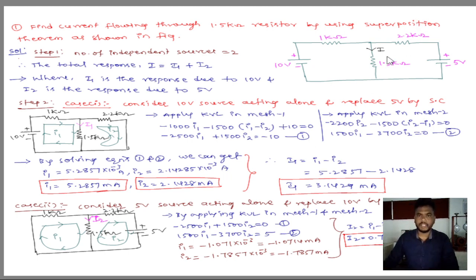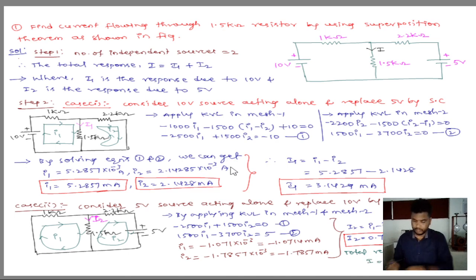Then the total response I is equal to the algebraic sum of I1 plus I2. Therefore, the total response I is equal to I1 plus I2.